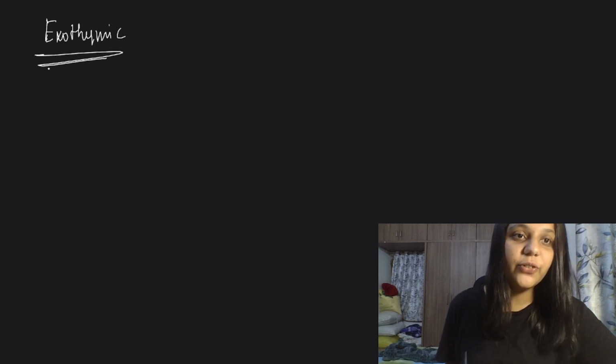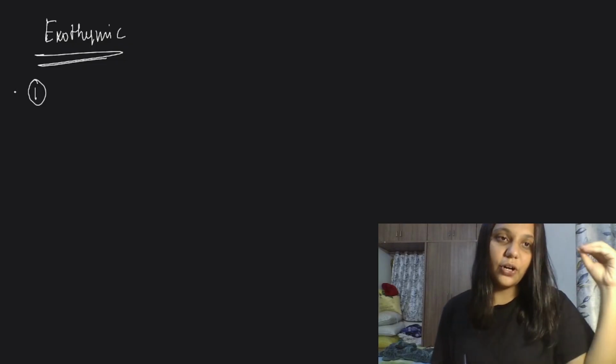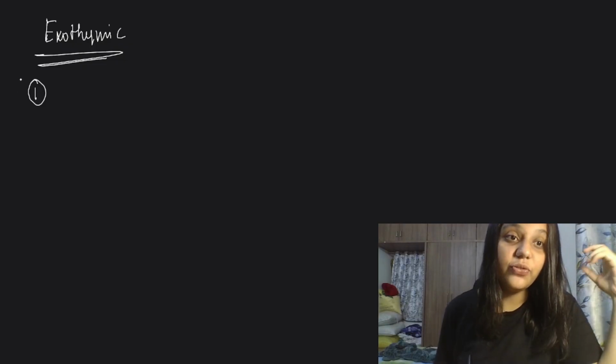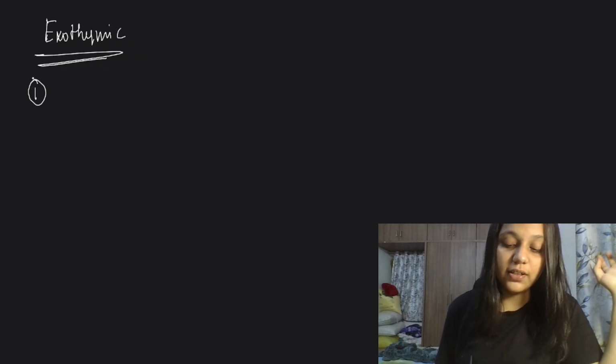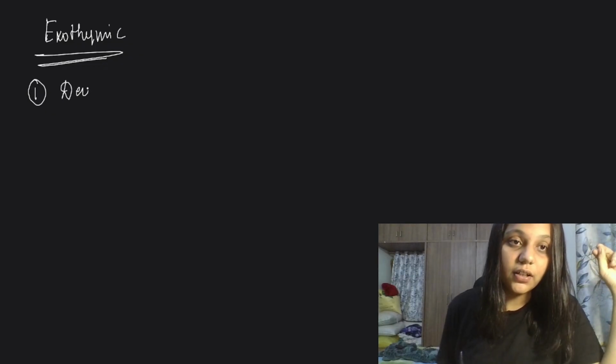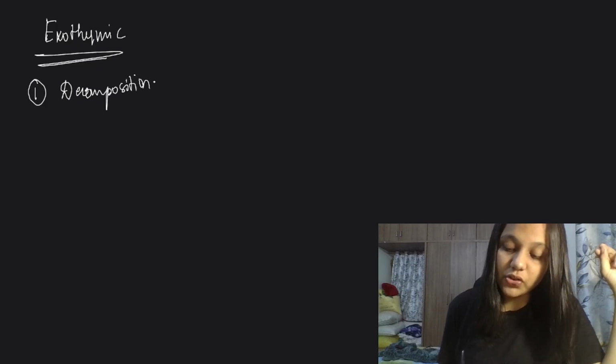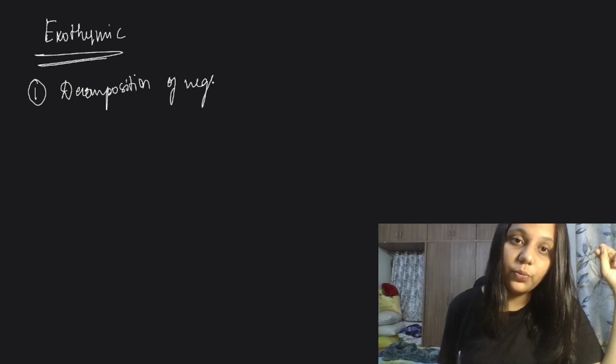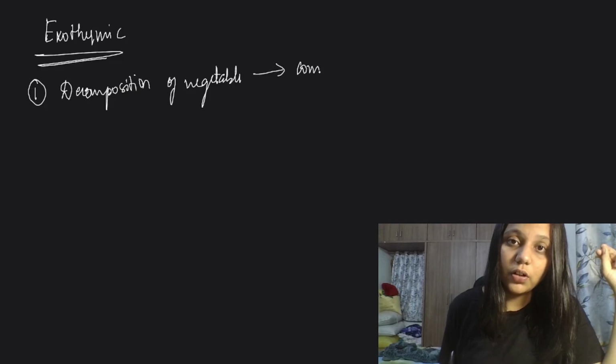And now we are going to learn exothermic reactions, and we are going to get some enormous and nice examples. The first and foremost example, which we all know and is very famous, is the decomposition of vegetable waste into compost.